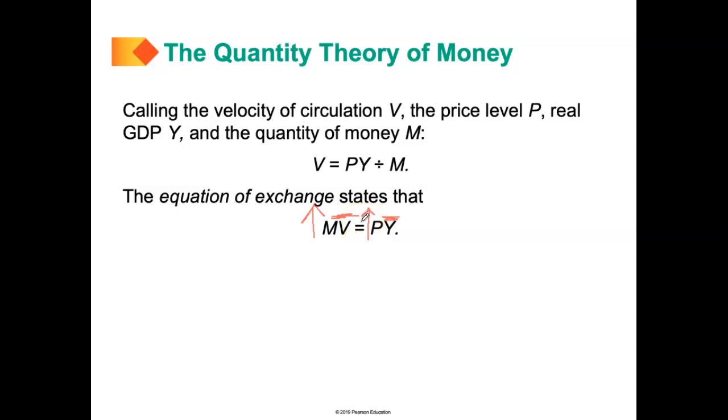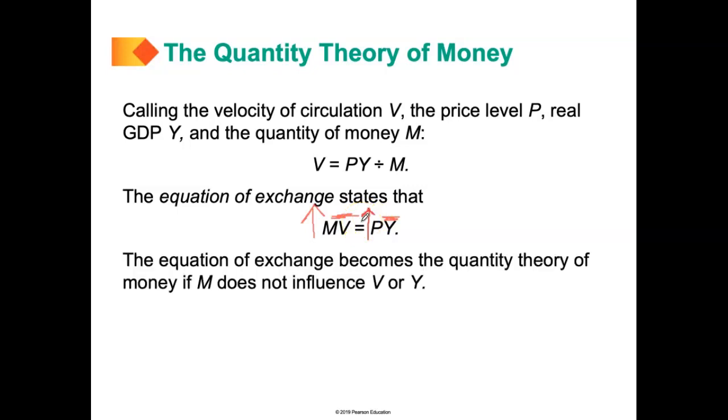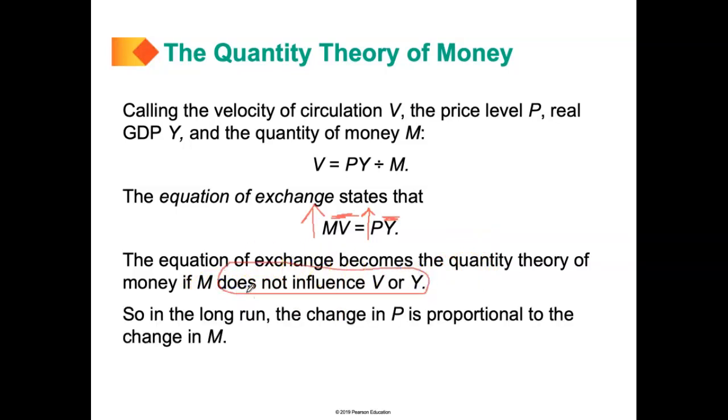So the equation of exchange becomes the quantity theory of money if M does not influence V or Y. So M basically influences only P. In the long run, that is after a long period, change in P is equally proportional to the change in M, because you assume that V and Y are both fixed.